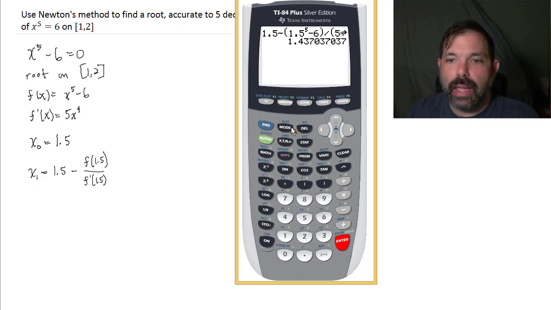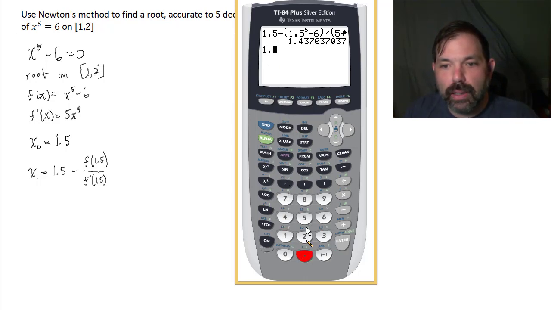So here's what I'm going to do on the TI-84. I'm going to take my initial value, my 1.5, and store it as some variable.